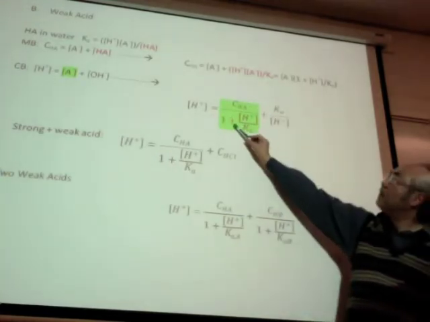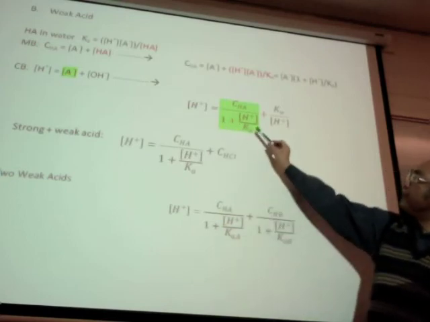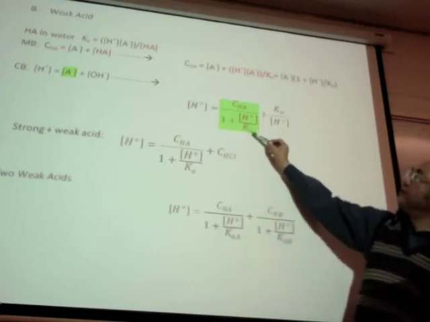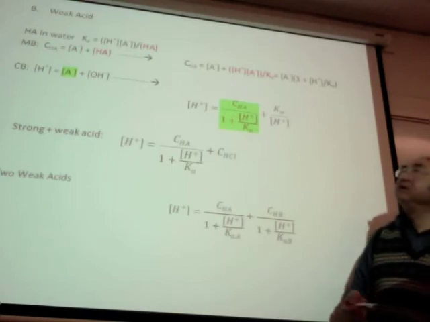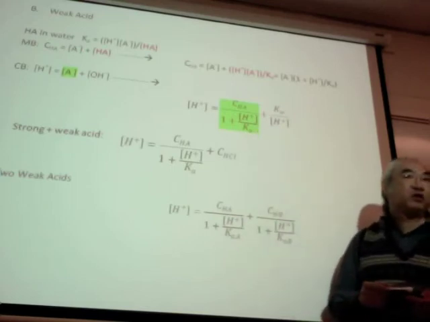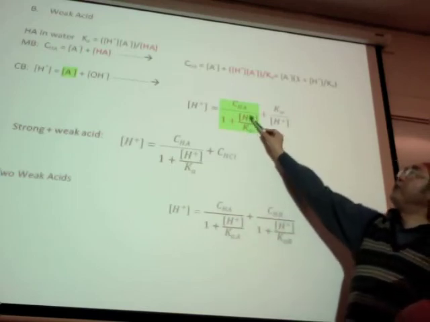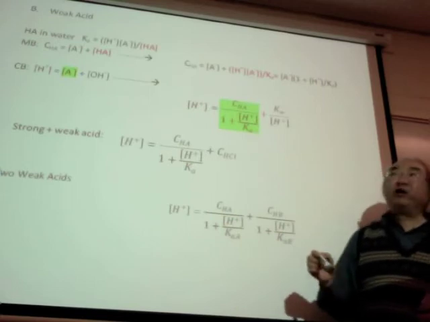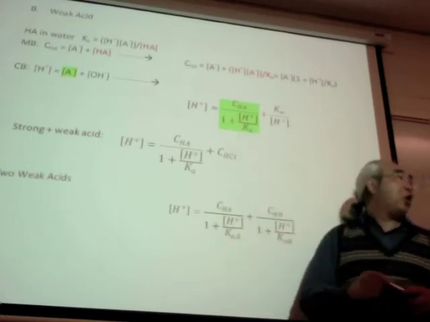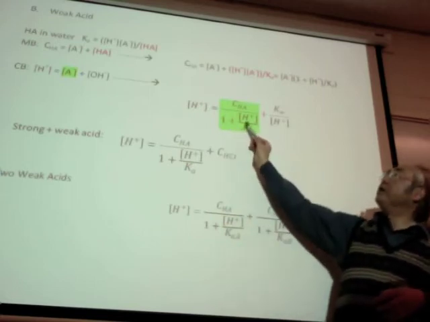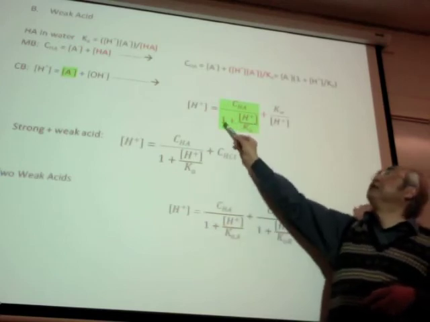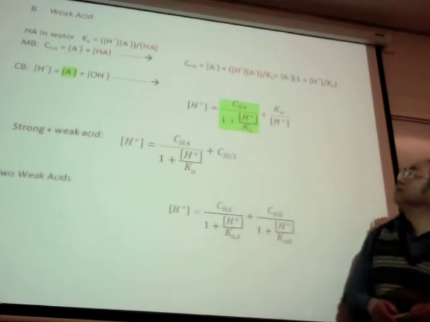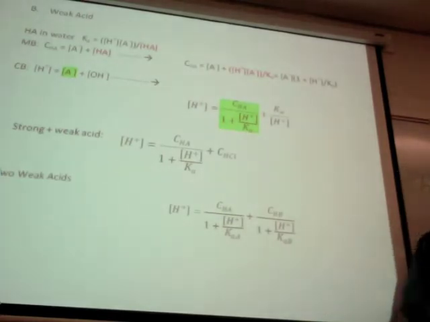Then here is another comparison. It depends on the relative ratio here. The Ka could be very small. Small will bring this to be a larger value. Then you can ignore the 1, okay? The 1 plus that. So you can ignore the 1 in many cases.